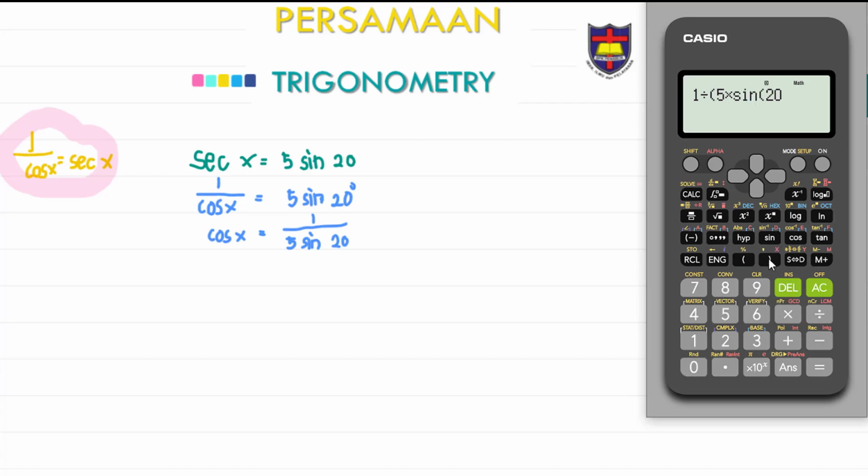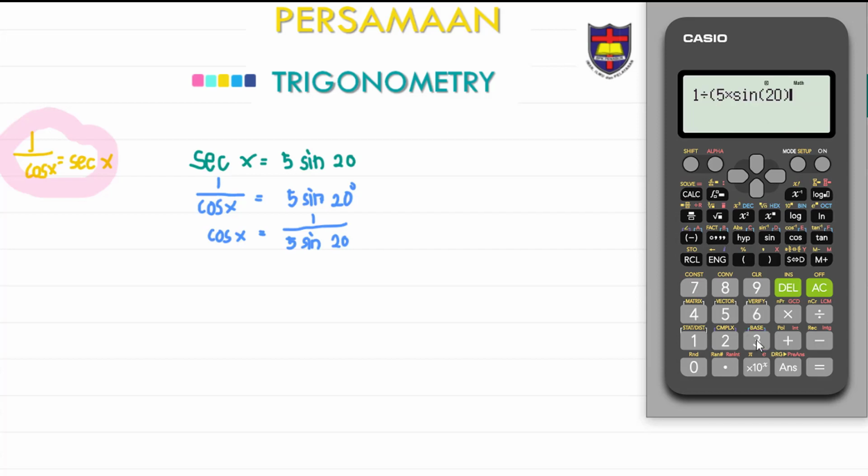And then don't forget to make sure that your calculator is already in degree mode. Please check the D symbol for degree, or you can go to shift mode to set it up. Please choose number 3 for degree or number 4 for radian or any other unit of angles.